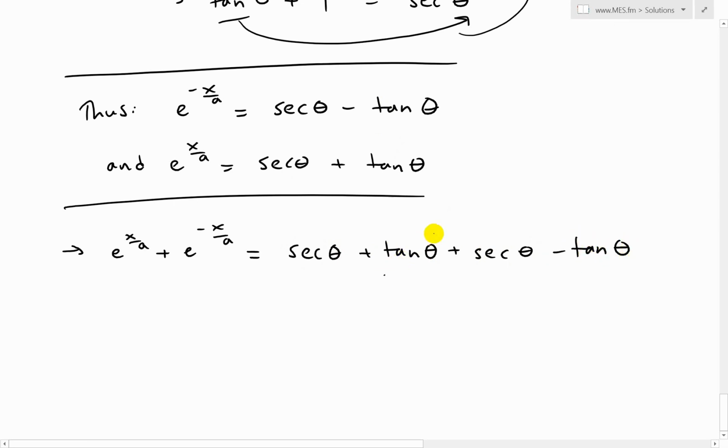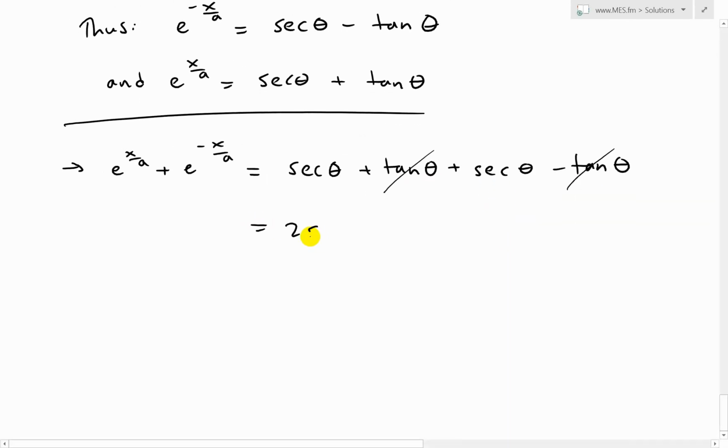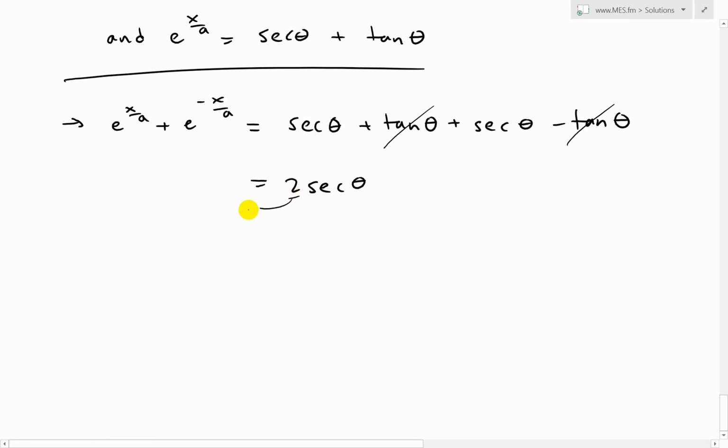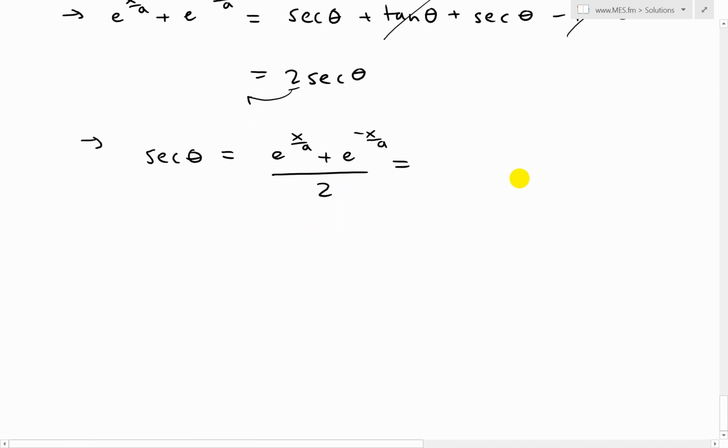These cancel, these add up, so what we get is 2 secant theta. And we could divide the 2 out, and then we get secant theta equals e to the x over a plus e to the negative x over a, over 2. And as I showed in my earlier video, this is just by definition the hyperbolic cosine of x over a, or cosh x over a.